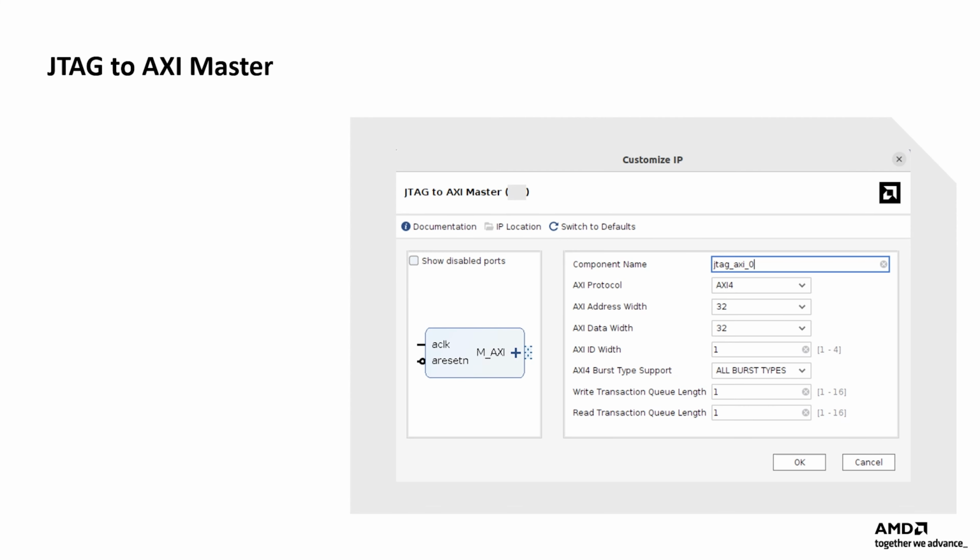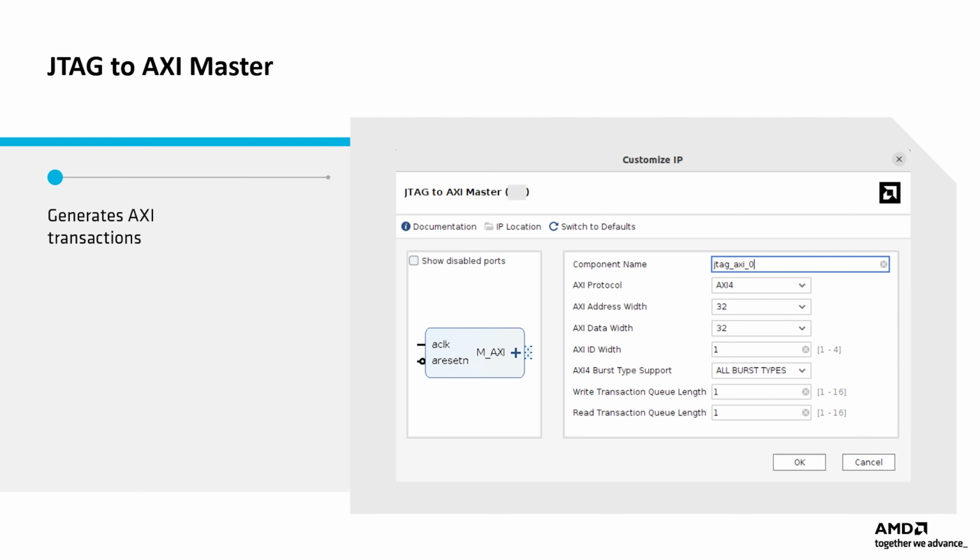The JTAG to AXI master debug feature is used to generate AXI transactions that interact with various AXI full and AXI Lite slave cores in a system that is running in hardware. The core supports all memory-mapped AXI and AXI Lite interfaces and can support 32 or 64-bit wide data interfaces.